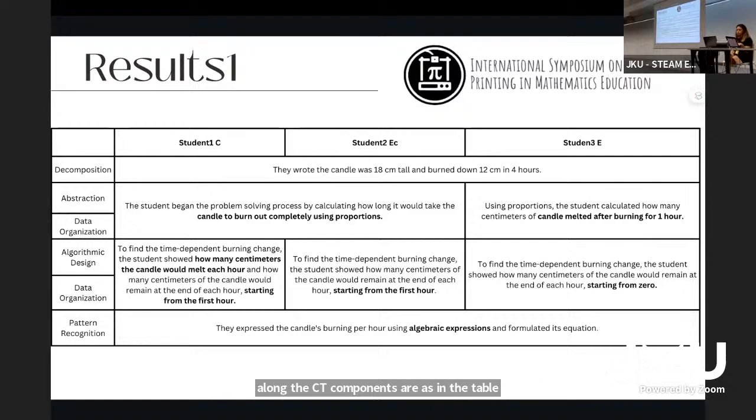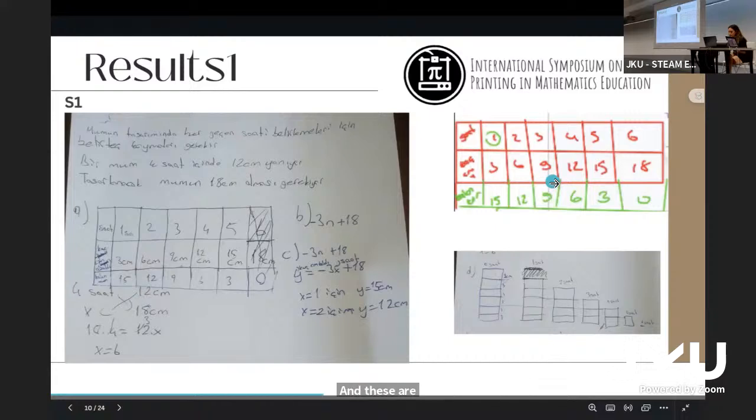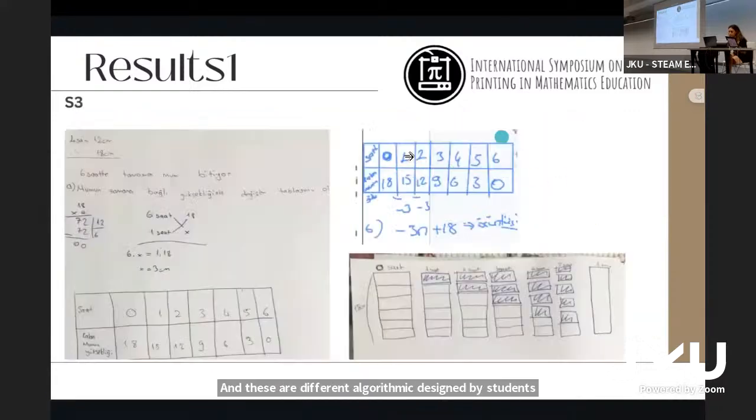Although each student used different algorithmic design and went through different abstraction processes, they all reached the same mathematical result. In the same cognitive process, two components merge, for example, data organization and abstraction. And these are different algorithmic designs by students while solving the problem.